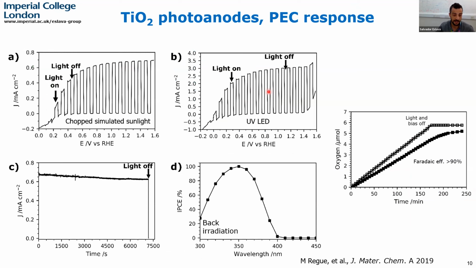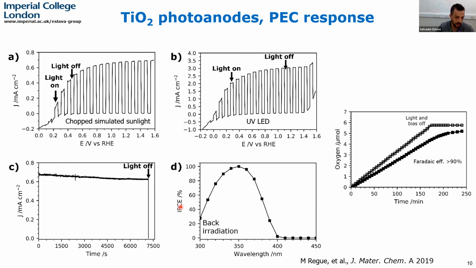We tested the photocurrents in these photoanodes, and we could achieve very good photocurrents for all the different light sources, for simulated sunlight with chopped light or with UV LED, with very good stabilities.